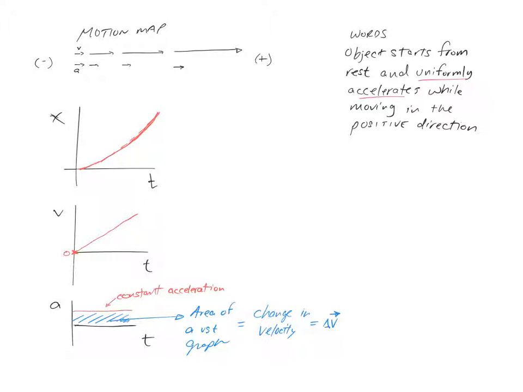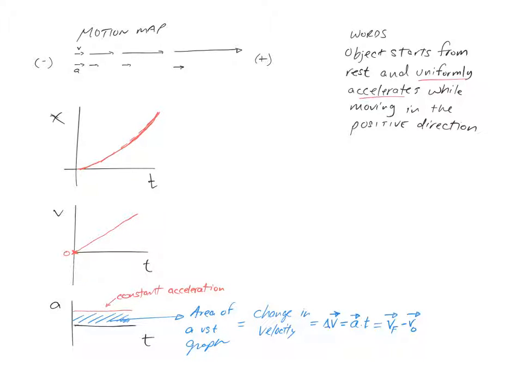V without a vector symbol actually represents speed. So change in v is equal to the area of that rectangle, which is acceleration times time. And change in velocity vector would be your final velocity minus your beginning velocity. I'm talking about vectors here, so subtracting vectors. And acceleration, of course, is also a vector.